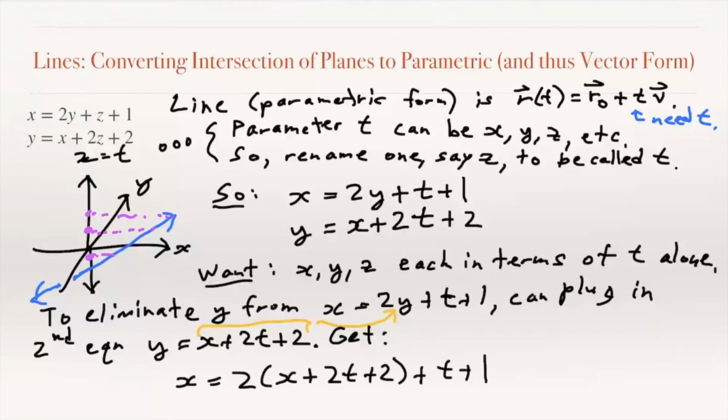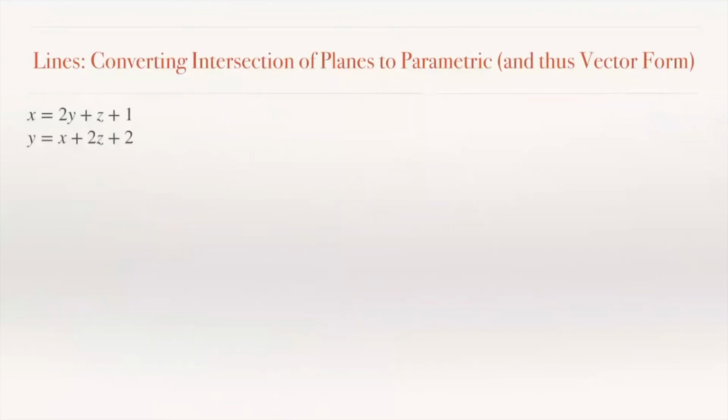And now we just move this x to the other side, and we'll have x in terms of t only. So we had x is 2 times x plus 2t plus 2 plus t plus 1.